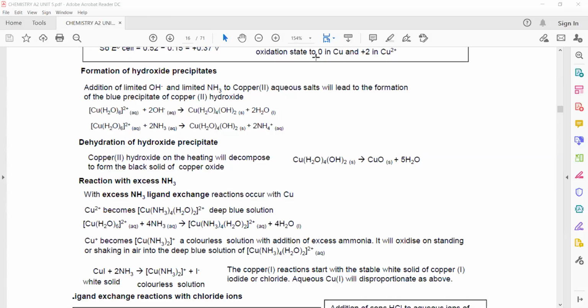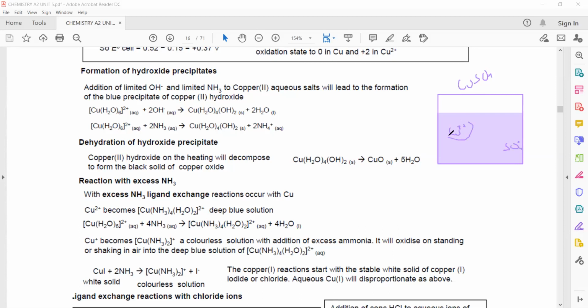Formation of the hydroxide precipitate: how can we form a hydroxide precipitate? For example, if we have a solution and we add copper sulfate. Copper sulfate is a solid, but when we add it to the solution, it dissolves and forms copper ion and sulfate ion.